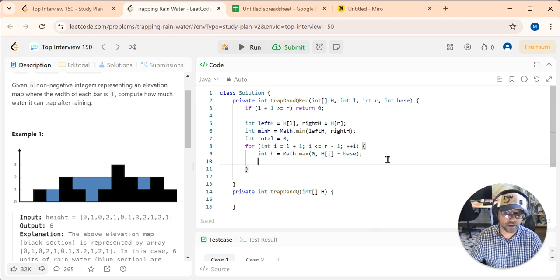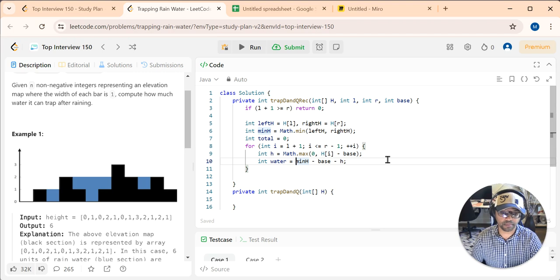Now, how much can it contribute? So let's say water equals, okay, so it can contribute min height minus its own height, base adjusted height, right? Actually, no, wait. So even this has to be adjusted for base, right? So if we have already filled up that much, then minimum height, then we have to subtract that from base.